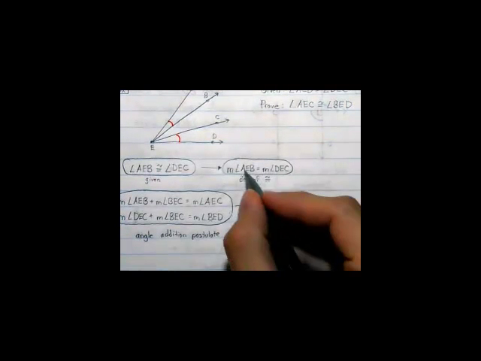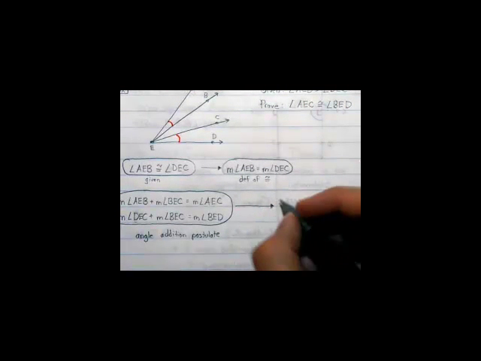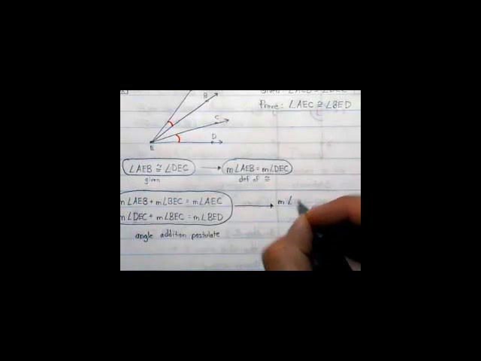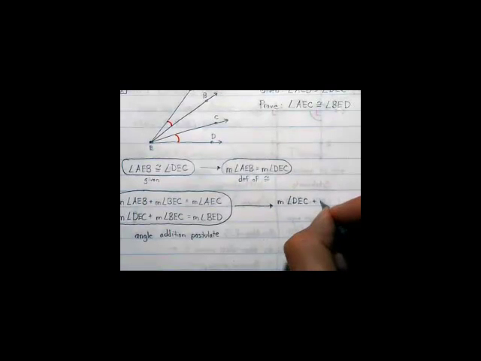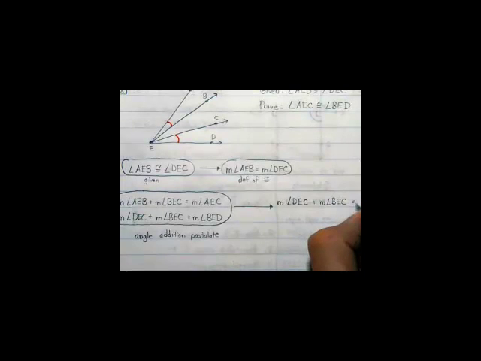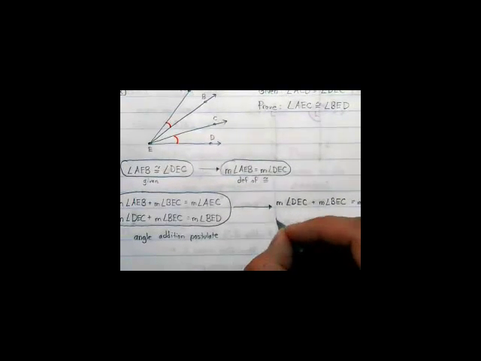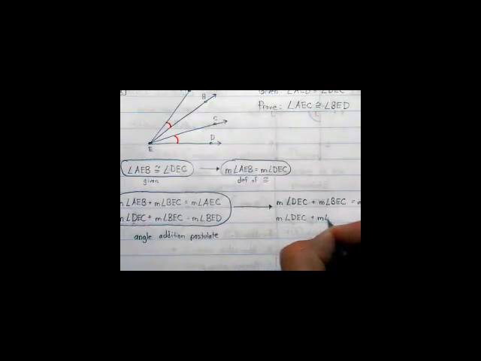And honestly, it doesn't really matter which way you go with it, but you can replace one with the other. So I'm going to make my AEB turn into a DEC, okay? So this top equation, measure of angle DEC plus measure of angle BEC equals the measure of angle AEC. Okay, and then I still got this second one that's still the same. Measure of angle DEC plus measure of angle BEC equals measure of BED.